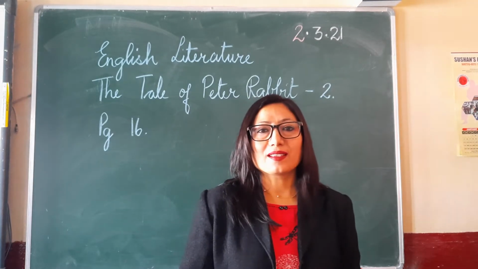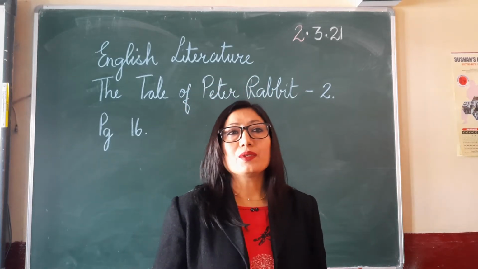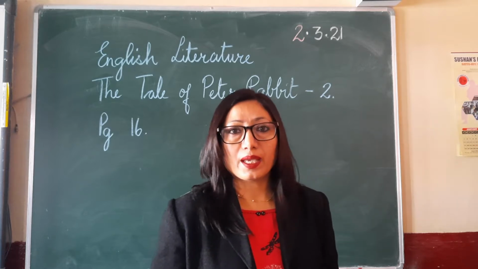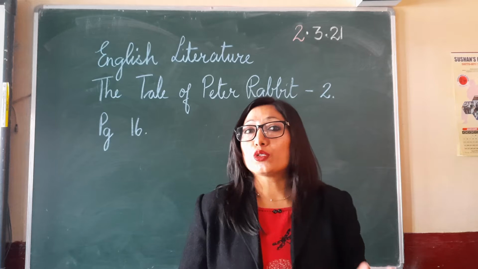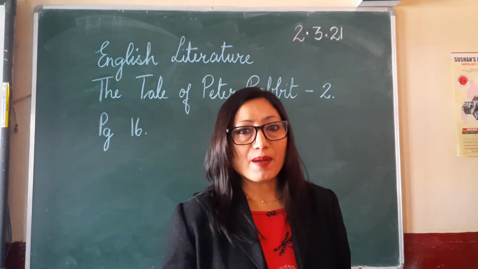Good morning, boys. Yesterday we learned about Peter Rabbit and how his mother left them to go to the baker's, okay? And then she gave them instructions not to go into, whose farm was it? Mr. McGregor's farm.